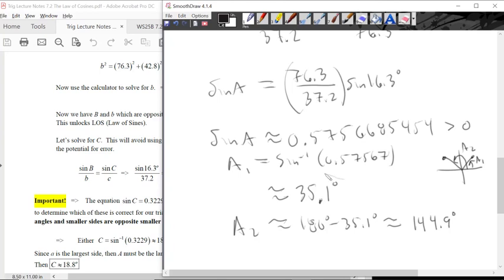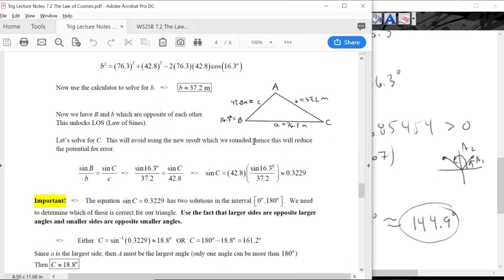So we need to consider which one of these two is going to be the correct value for the given triangle. Okay, now how do we know? Again, angle A has to be the largest of the three angles. Well, the only angle we had so far, this is assuming that we didn't already know angle C, we only had angle B, so all we know right now is that angle A has to be more than 16.3 degrees.